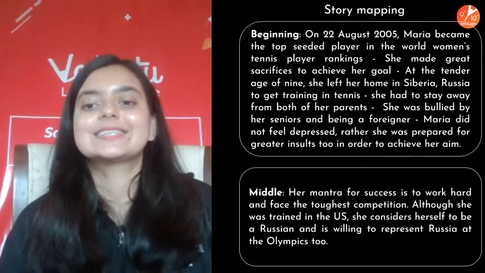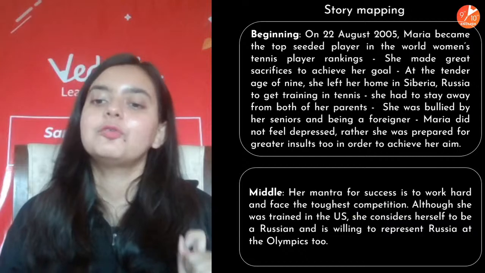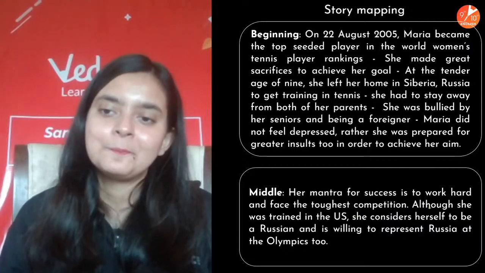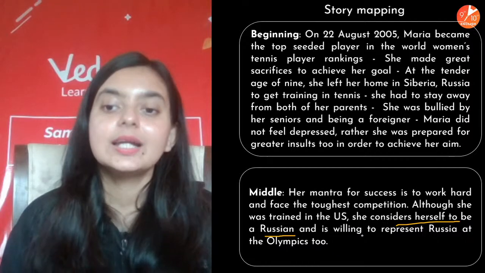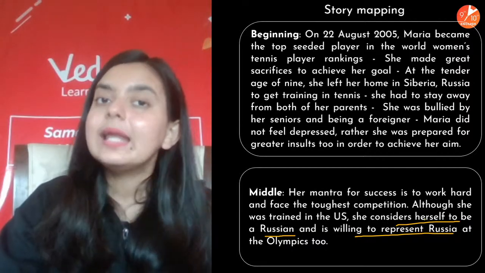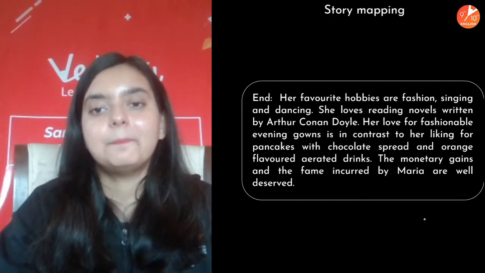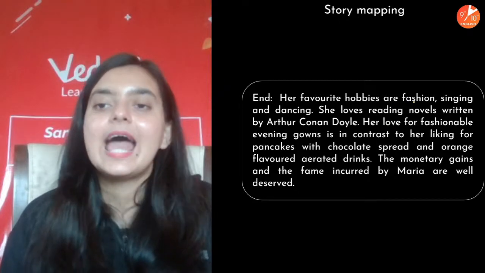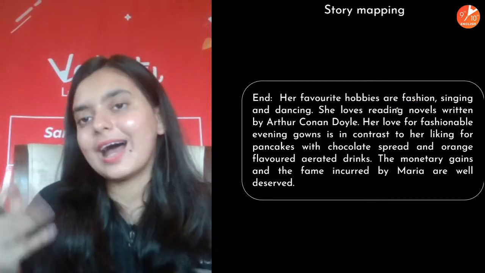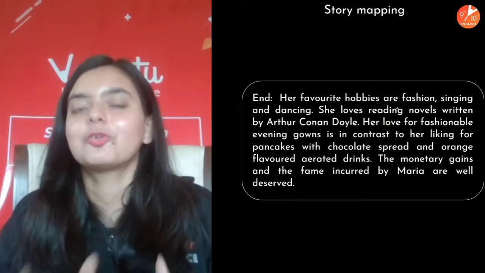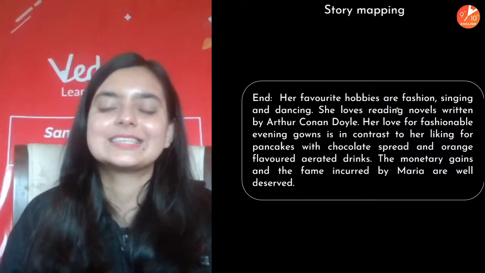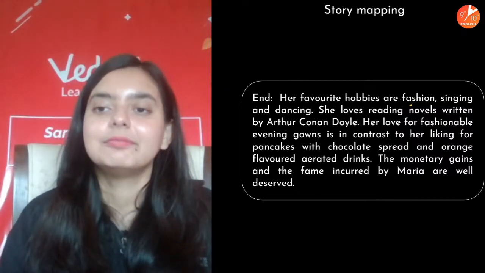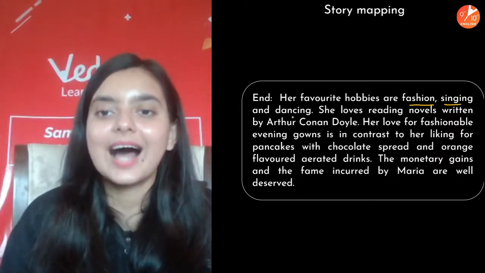Her mantra for success was to work hard and to face the toughest competition. Although she was trained in the US, she considered herself to be a Russian, and she was willing to represent Russia at the Olympics. And her favorite hobbies, now a contrasting feature from what we have seen of her as a tennis player, were fashion, singing, dancing.